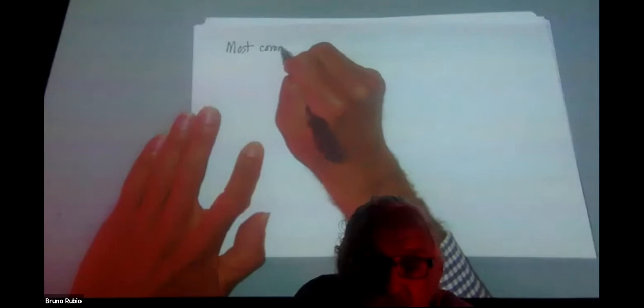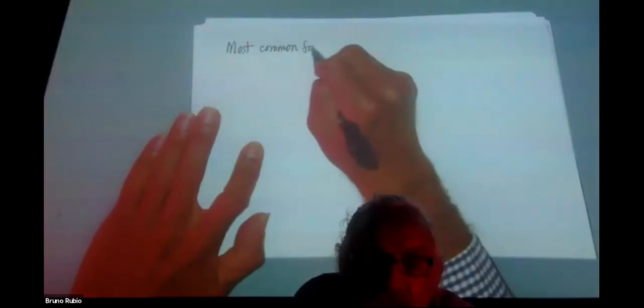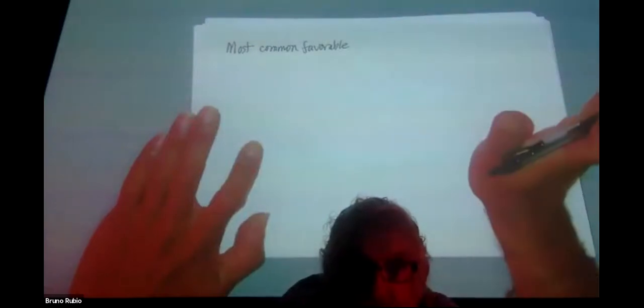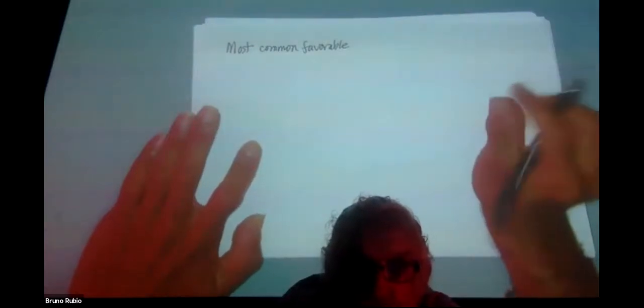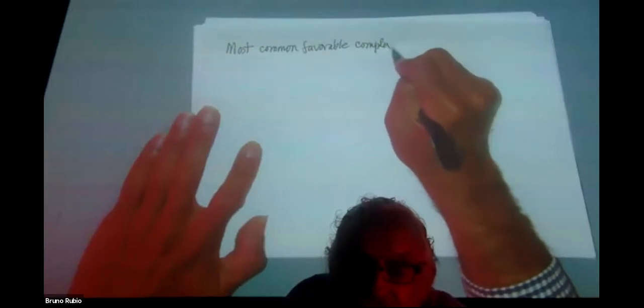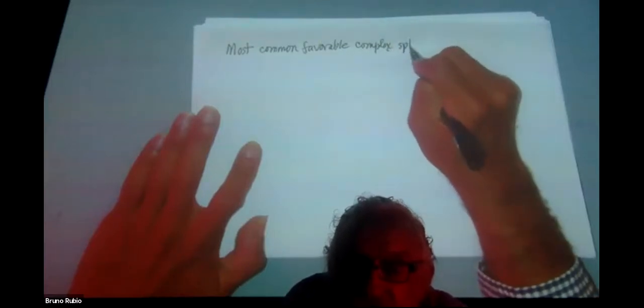The most common favorable complex splitting multiplet is called the doublet of doublets. This is one in which you can do this sequential application of n+1 splitting.